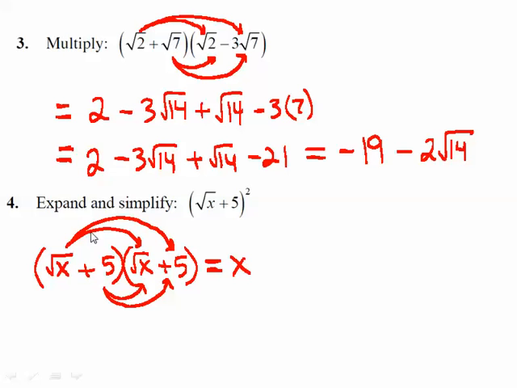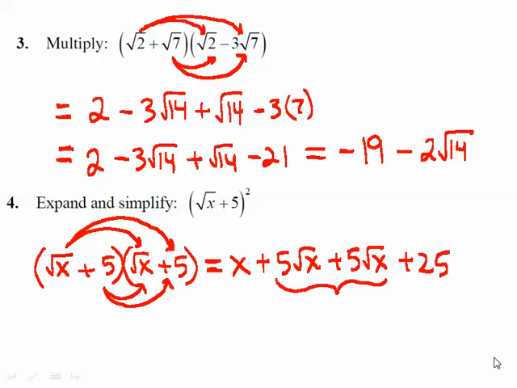Okay, so outside terms, 5 and then a root x would make a plus 5 root x. Inside terms, 5 times root x is 5 root x. And the last terms, 5 times 5 should be 25. Okay, like terms, yes, those guys. So we got x plus 10 square root of x plus 25.